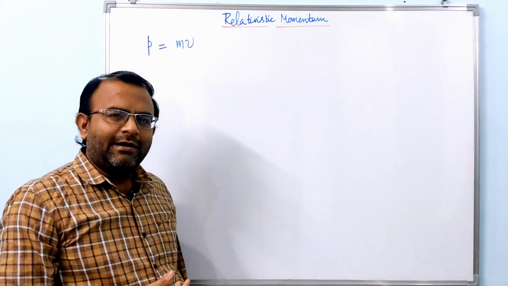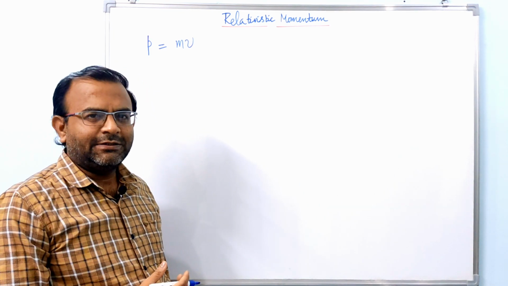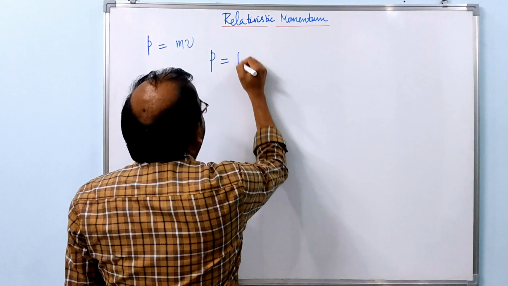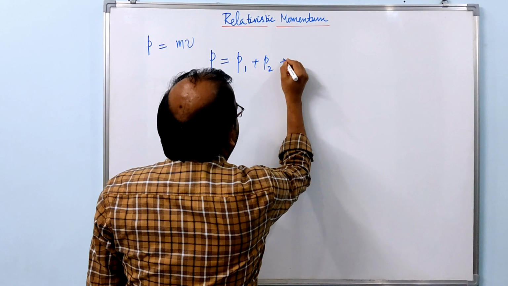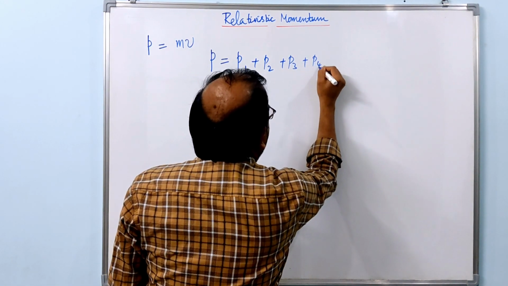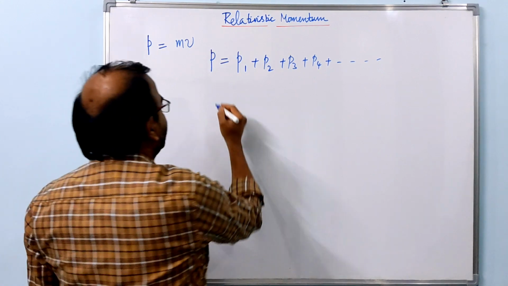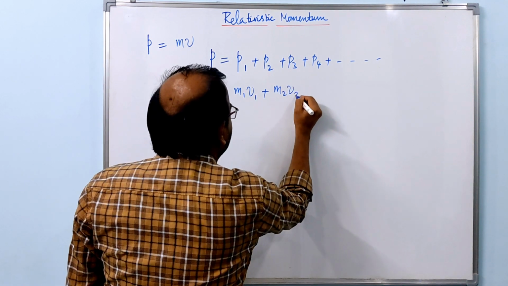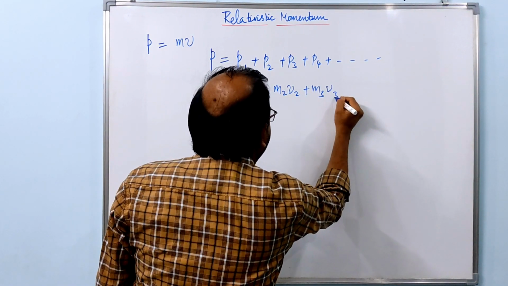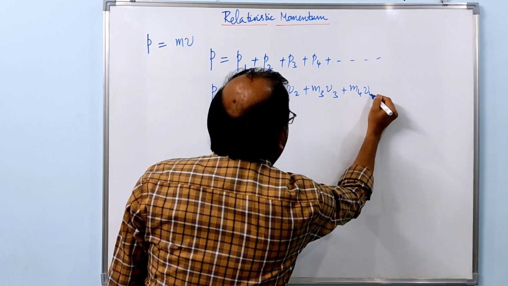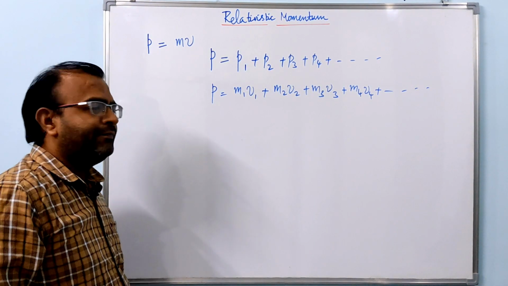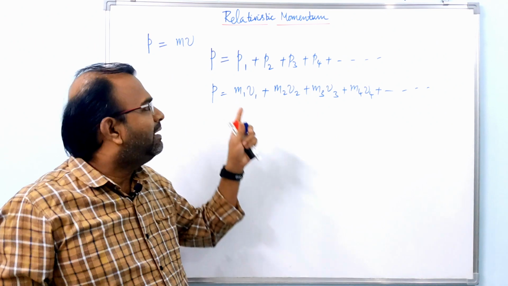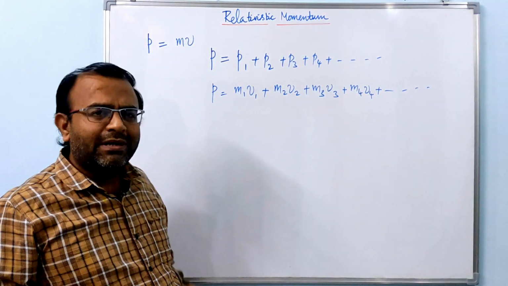If there is a system of particles, then the total momentum of the system, let's again call that P, is equal to P1 plus P2 plus P3 plus P4 and so on, where this can be further written as M1 V1 plus M2 V2 plus M3 V3 plus M4 V4 and so on. Right? So one can add the momentum of individual entities of the system to get the total momentum of the system.